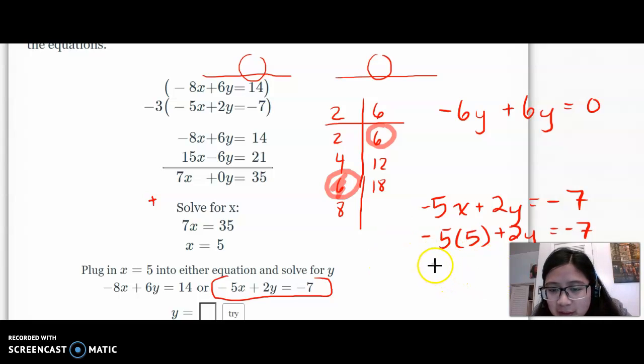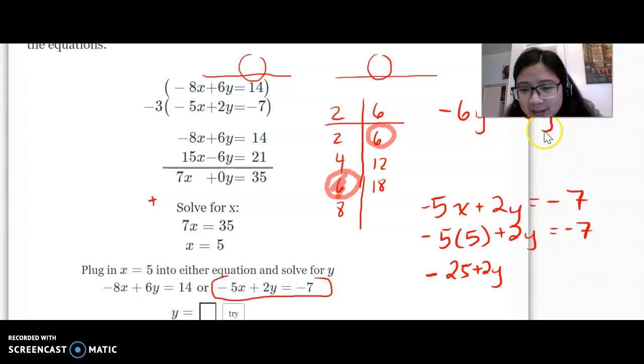So this over here, it would be negative 25 plus 2y is equal to a negative 7, right?